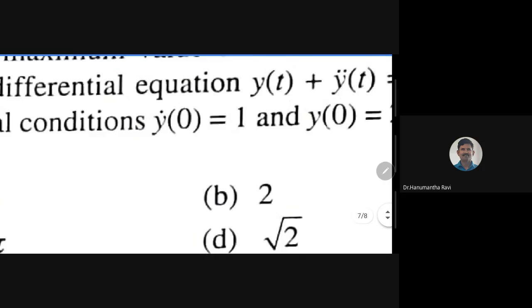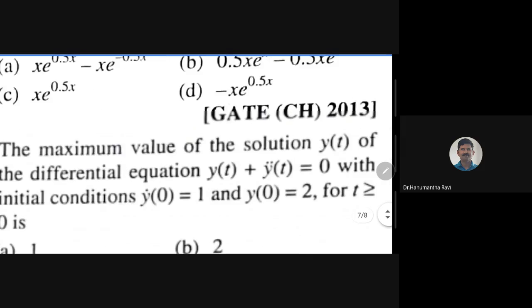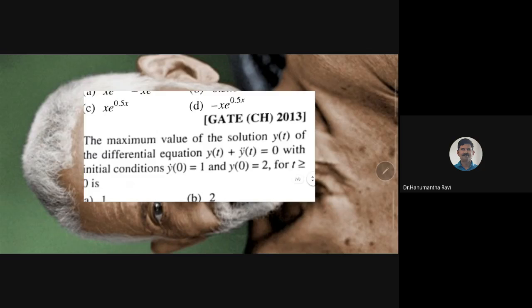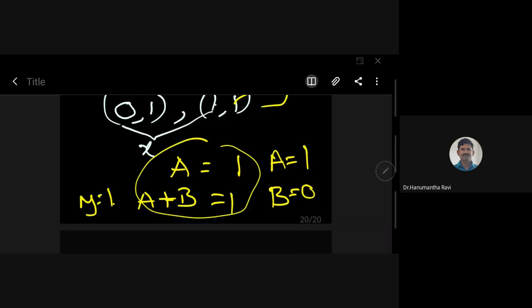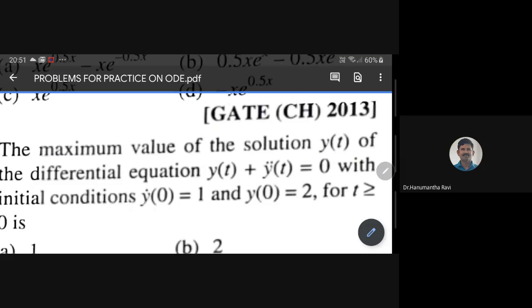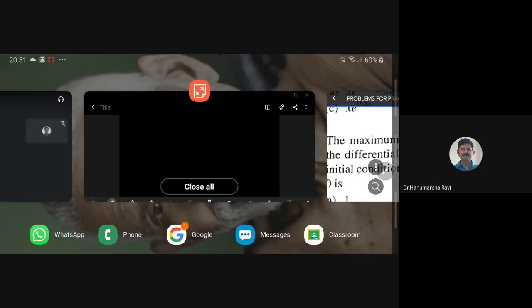So we try this one. What is given here? y(t) plus y double dash(t) is 0.